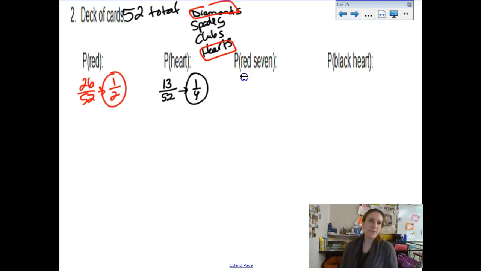As far as red 7s go, there's a 7 of diamonds and hearts, so there are 2 red 7s in our deck, and that fraction reduces to 1 over 26. I like reduced fractions for answers, mostly because I don't have to grab a calculator. But I've seen a lot of college textbooks where they want everything as a decimal, so whatever. And then this is kind of a trick question, black heart. You aren't going to find a black heart in the deck of cards because hearts are red, so there's 0% probability that is going to happen.